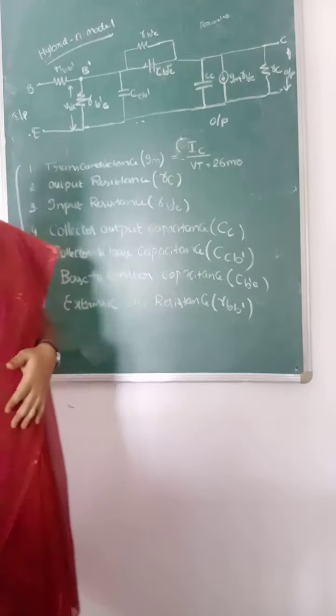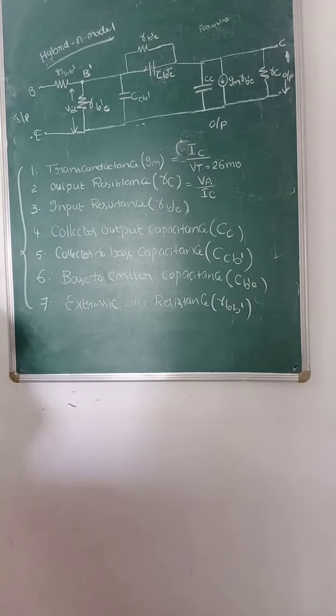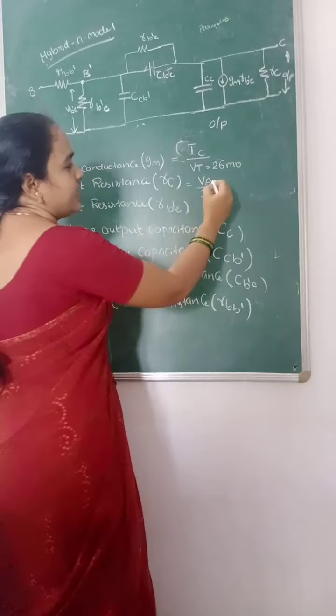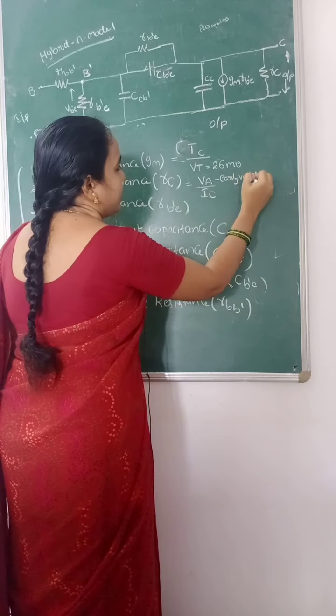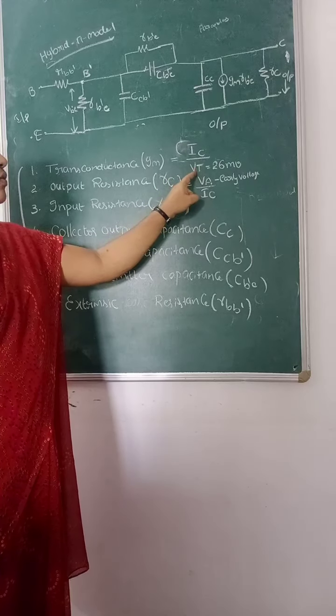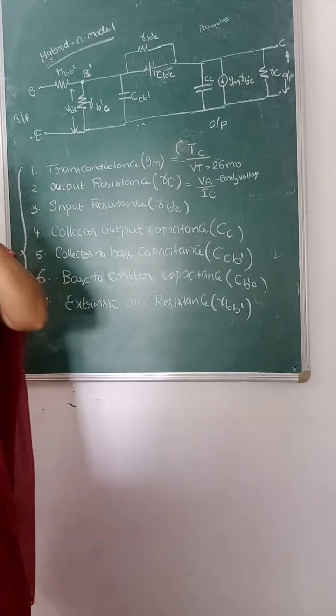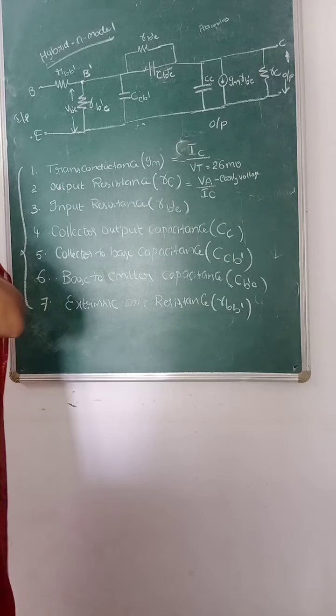Next, output resistance. Output resistance is RC. So resistance is the ratio of early voltage. VA is called the early voltage, which is the small voltage offered by the transistor. These are all the standard values of any transistor, and Vt is the threshold voltage of the order of 26 microvolts, and Va is the early voltage.